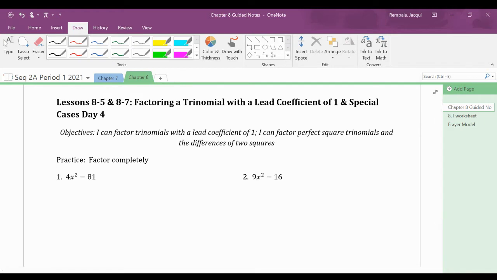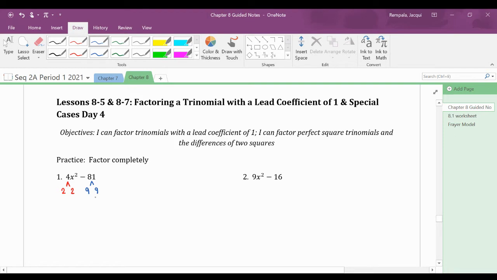a GCF. Notice that in the first part, 4x squared minus 81. So the 4 is definitely a number we can break down. Besides 1 times 4, notice that 4 is 2 times 2. If I look at the 81 and I think about how do I multiply to 81, notice that this is 9 times 9.